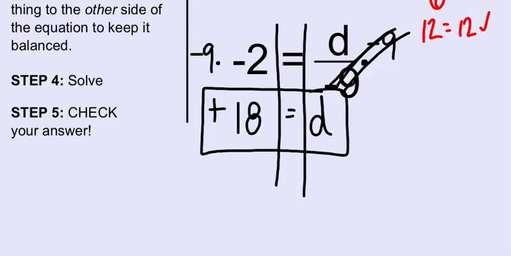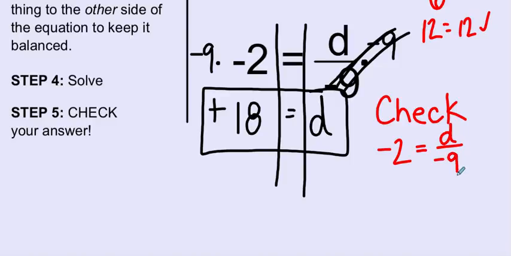Again, I'm going to complete my check just to make sure, because it's an easy way to get an A on the test. I bring back my original equation of negative 2 equals D over negative 9. I know that my D was a positive 18, so I'm going to put positive 18 on the top and then fill in the rest of the equation and then solve it.